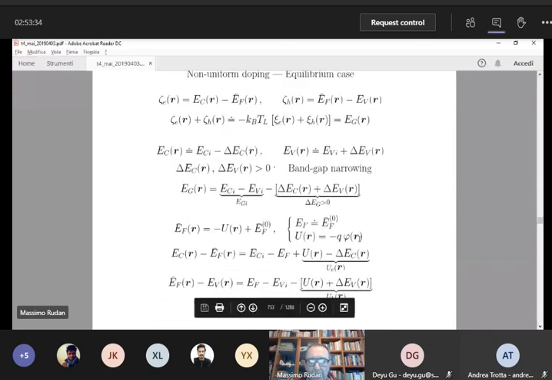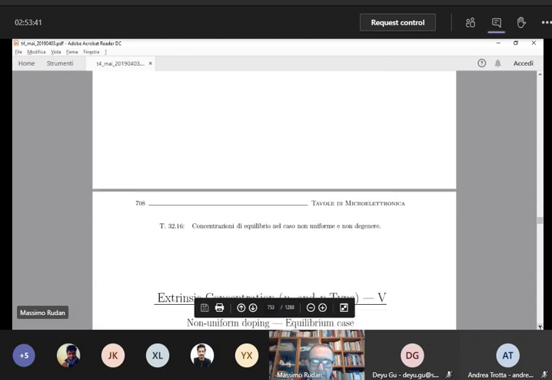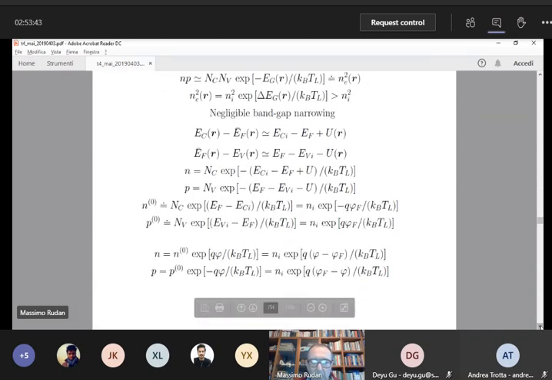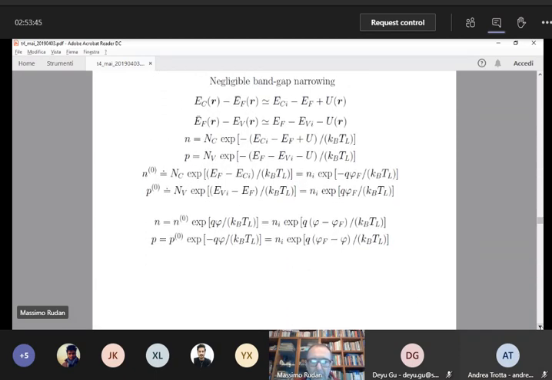This one. U is equal to minus Q phi. So we can also make the replacement of energy with potential here. So minus U is equal to plus Q phi. And here you have U that is equal to minus Q phi. So we get this.